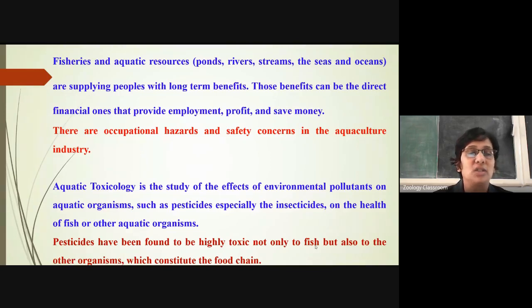Aquatic toxicology is the study of the effect of environmental pollutants on aquatic organisms. Among these, pesticides are most of the time used by farmers on their farms, and these pesticides enter the environment through water or contaminate other water bodies.